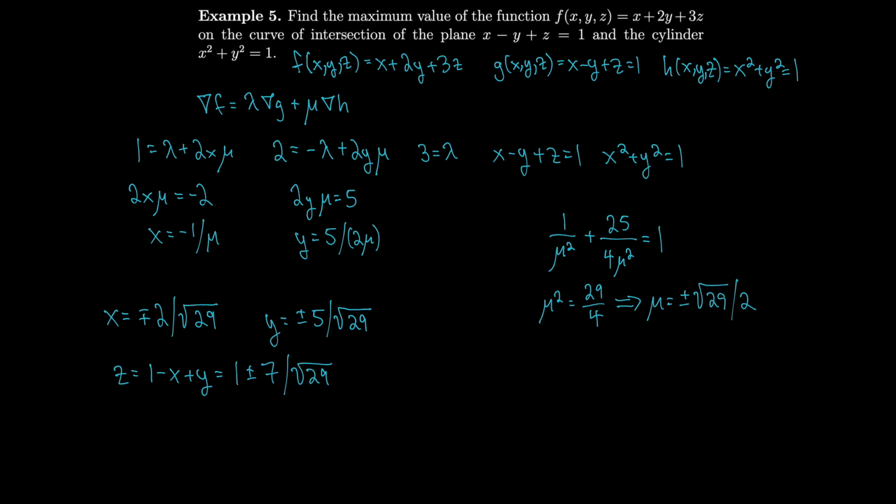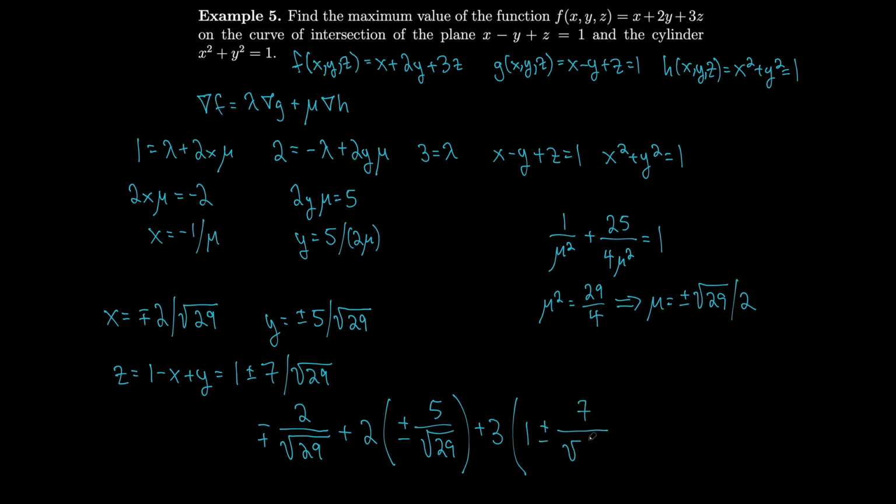Okay, so now I want to know what the maximum value of the function is, so I plug my x, y, and z into my function. So plugging in x, remember this is our function, so plugging in x we get minus plus 2 over the square root of 29 plus 2 times plus or minus 5 over the square root of 29 plus 3 times 1 plus or minus 7 over the square root of 29.